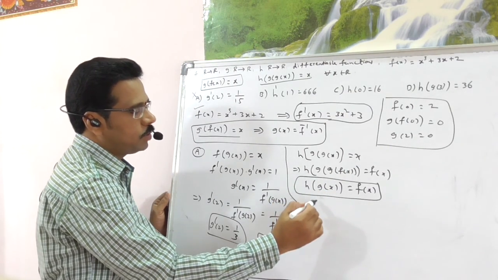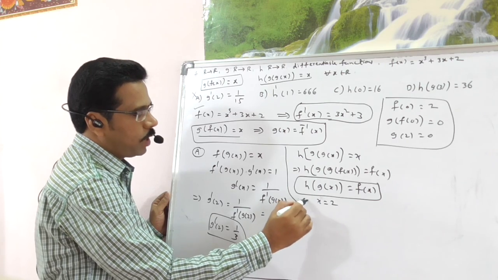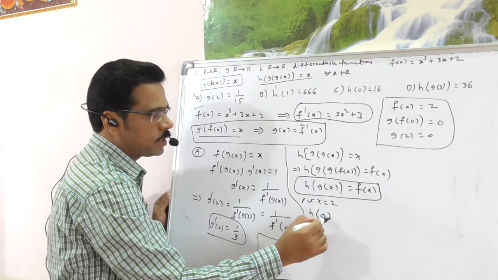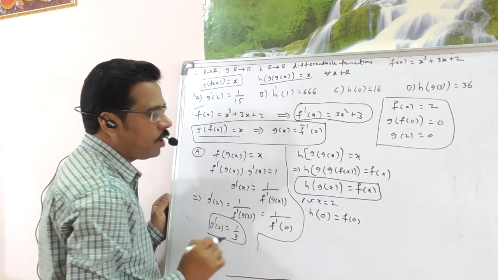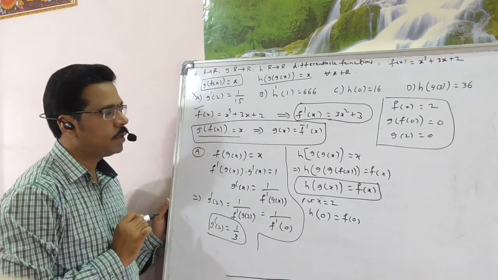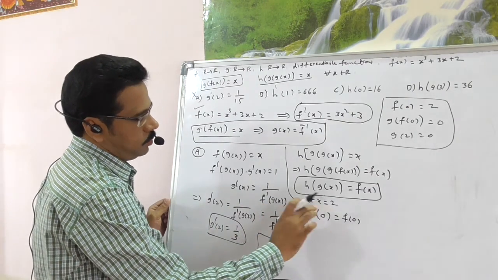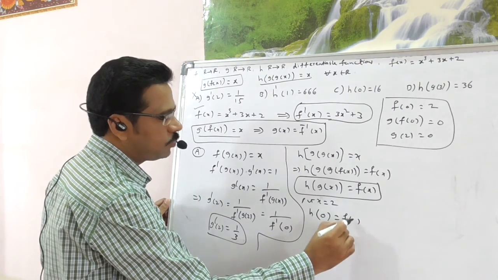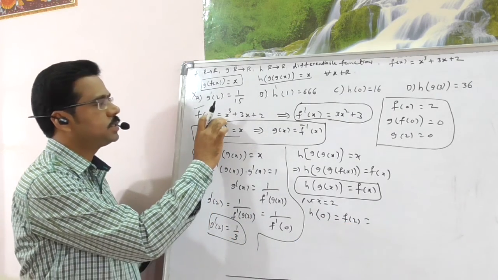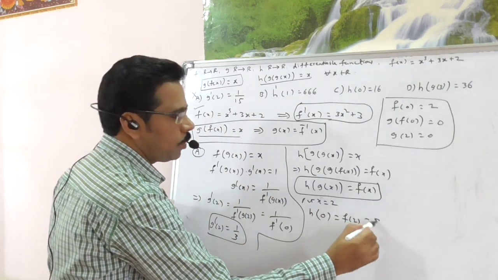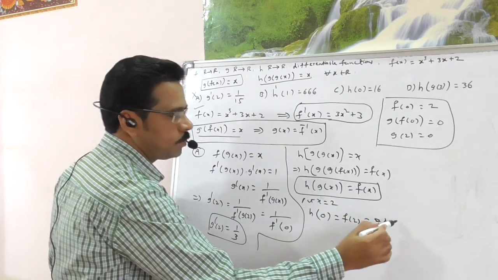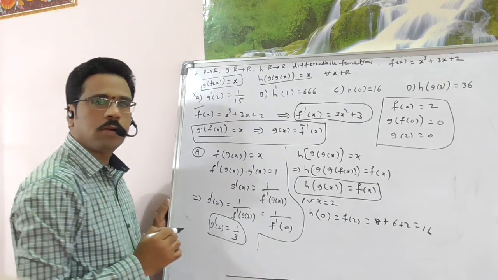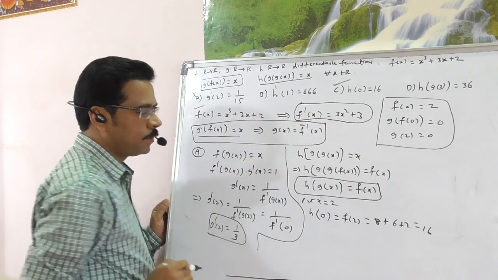Put x equal to 2: h of g of 2, and g of 2 is 0, so h of 0 is equal to f of 2. Substituting x equal to 2: 2 cube is 8, plus 3 into 2 is 6, plus 2. What is your answer? 16. H of 0 is equal to 16. Option C is correct.